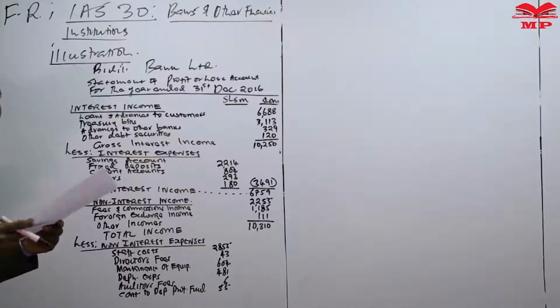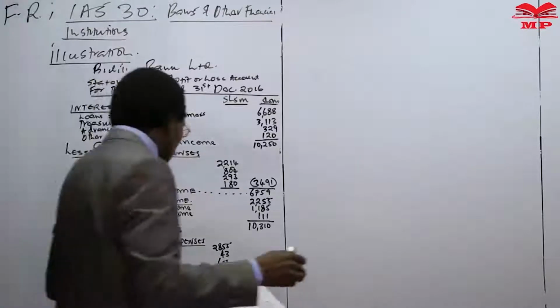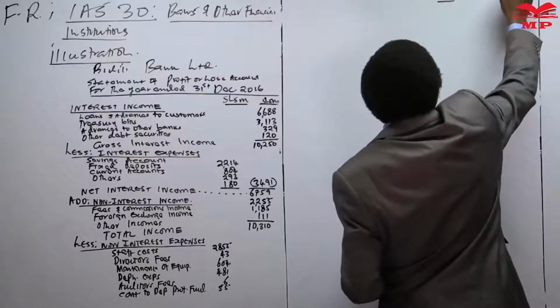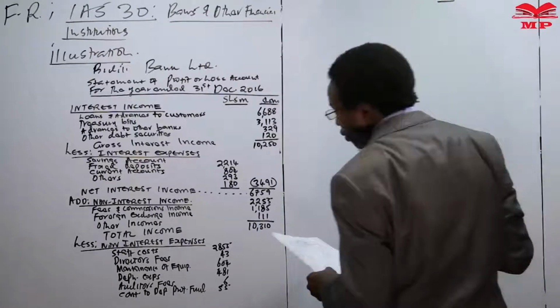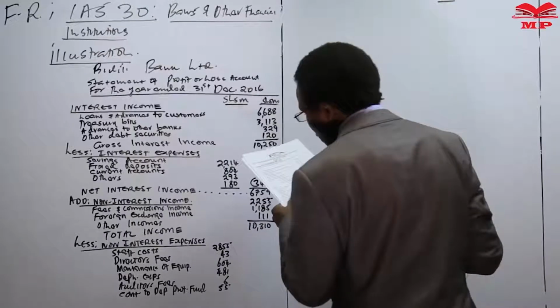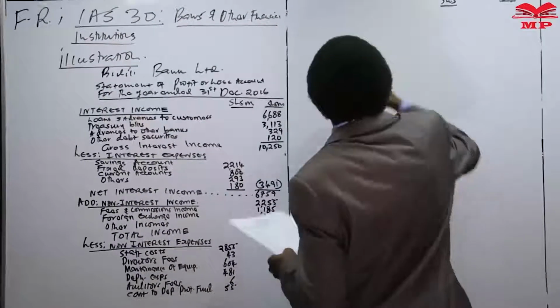Then we have operating, because of space, let me continue this side. Still non-interest expenses. After contribution to deposit protection fund, we have operating lease rentals.